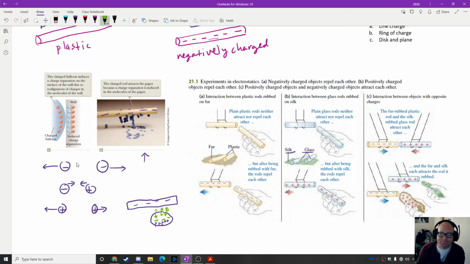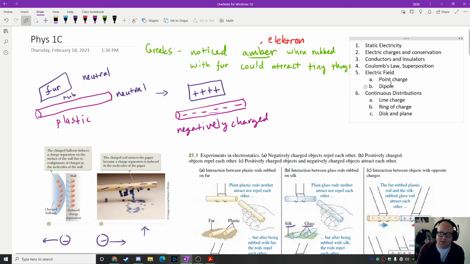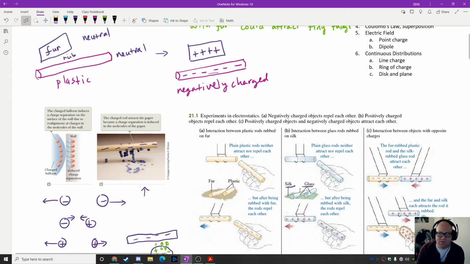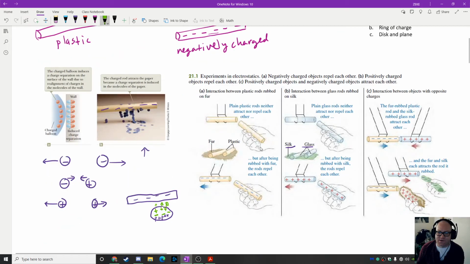So that is effectively static electricity. Now there's a couple other things I want to mention about it, but let's first talk about the other type of charging. All of the things we're doing here with this rubbing can be described as charging by conduction or charging by contact. Let's just put it that way because that's really what it is. It's charging by contact, which is basically like some kind of rubbing.